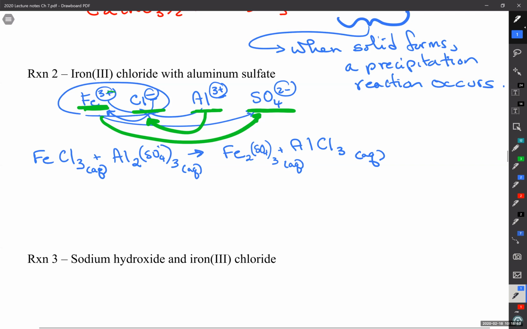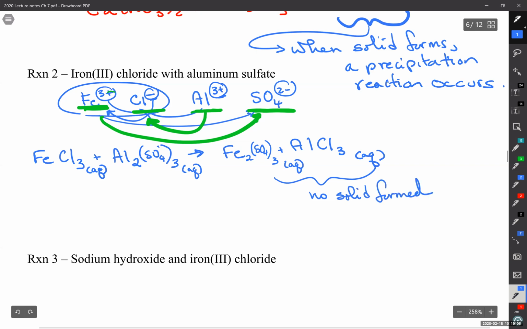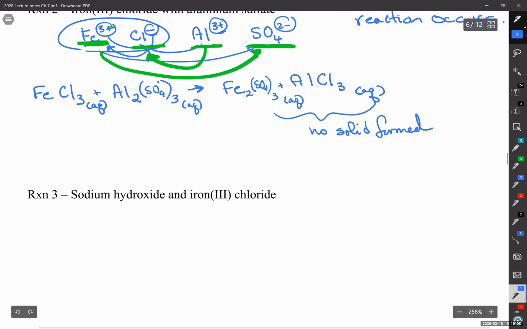So for this particular reaction, no solid gets formed. So we say no reaction, and it usually gets abbreviated NR. I'll write NR a lot of times. Not every combination of ions that goes together makes something. Sometimes they stay in solution.